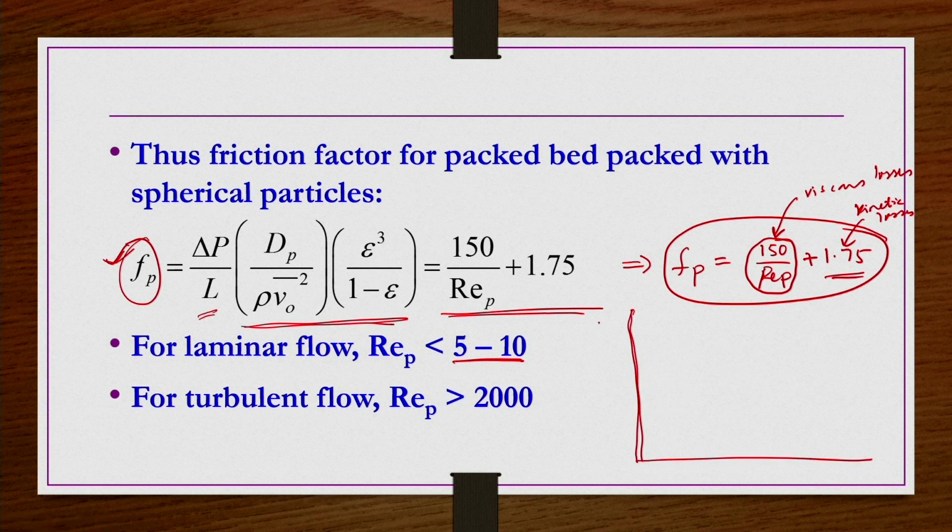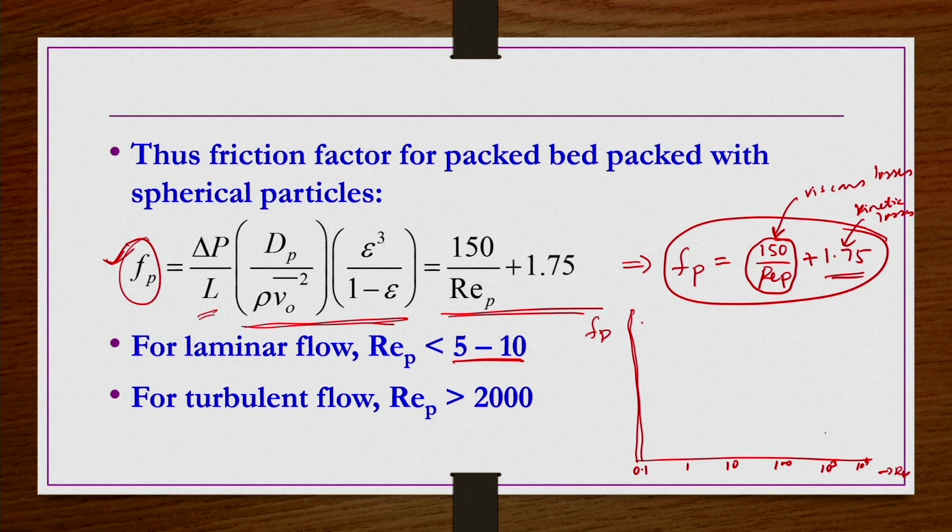So, if you plot FP versus REP, let us say 0.1, 1, 10, 100, 10 cube, 10 power 4, it should look something like this.